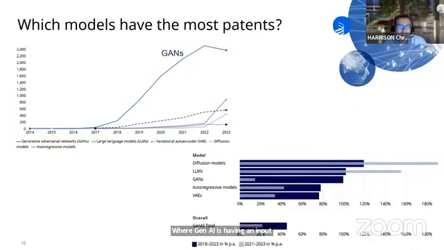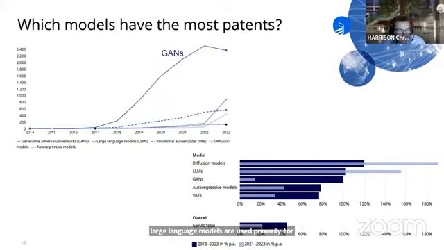Very quickly, looking at some of the models involved. So these are the different algorithms that are used. You can see that patenting has largely been involved with the growth since 2018 in GANs, in generative adversarial networks. And this is mainly used for image generation. Large language models are used primarily for text generation.